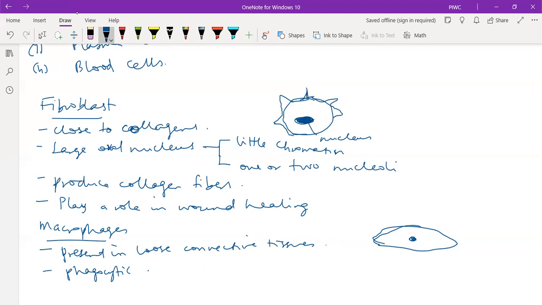Now, the macrophages can pick up dye stains, such as trypan blue, so they can store vital stains. This is a type of dye used for staining in the lab.